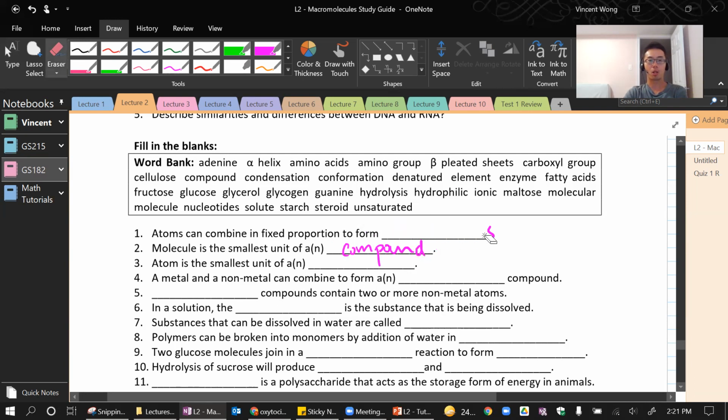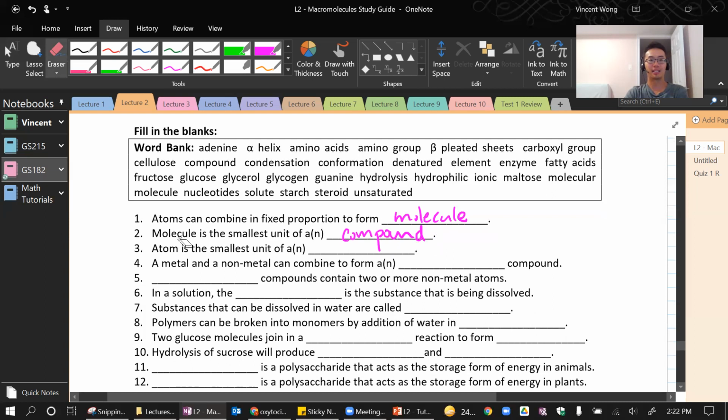I think the first one is molecule. I'm sorry, it has been a long day. Molecules. Okay, and then the molecule is the smallest unit of a compound. Okay, so next one, atom is the smallest unit of an element.